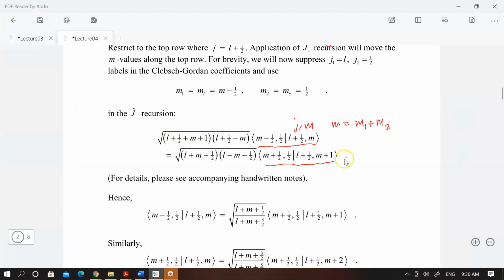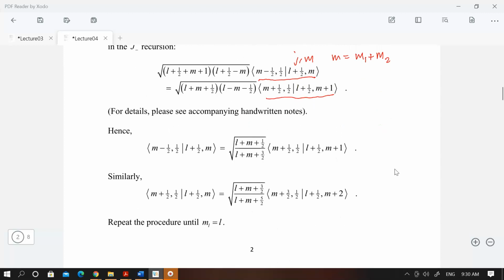But essentially, one can start thinking of going from the topmost. See, this is j minus, so that means I go from the topmost state, j minus.